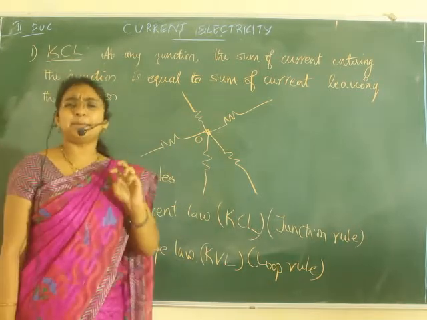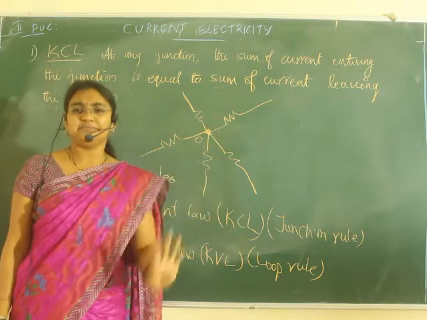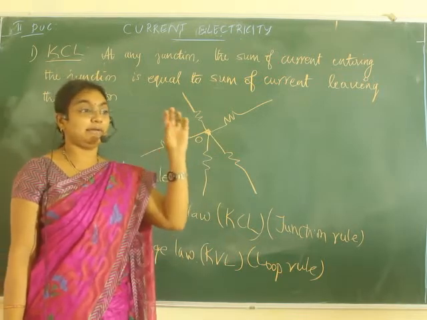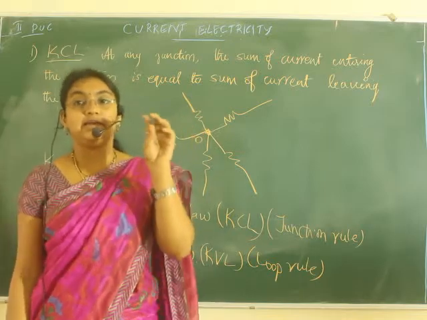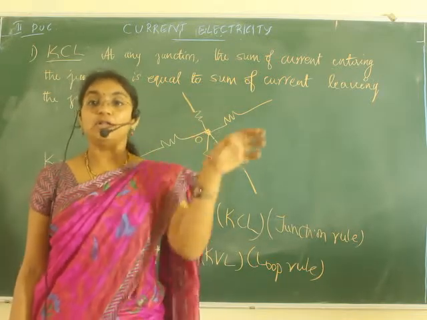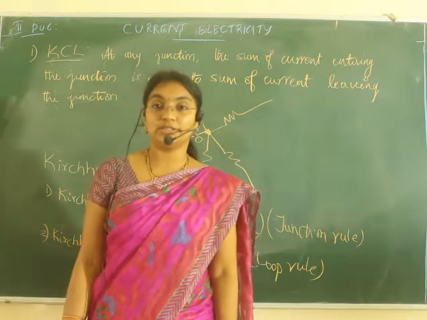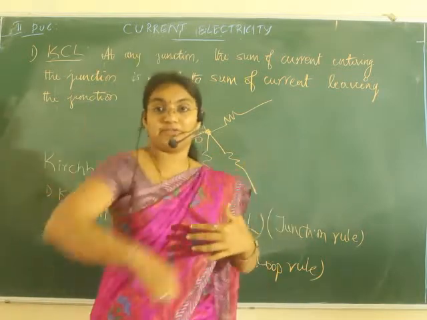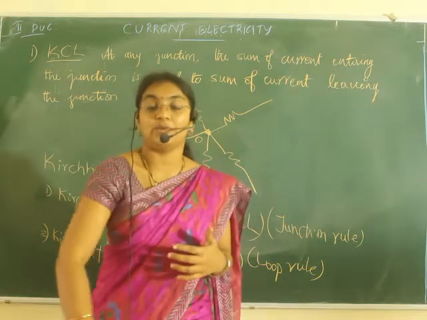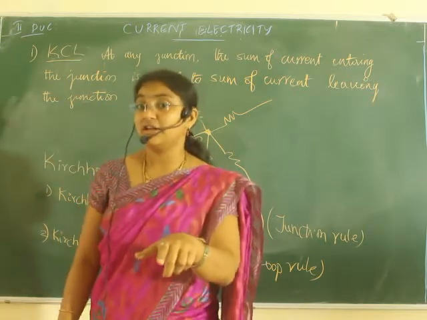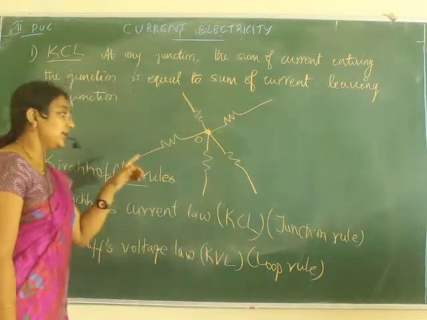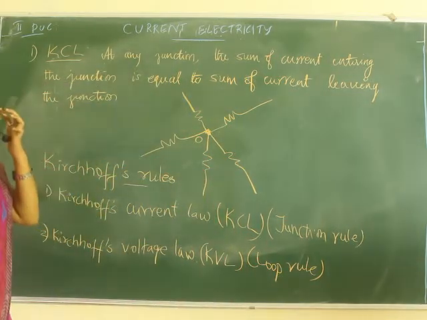Junction means it is a place where all the points meet. Or else, can I call a point where all the roads meet a junction? One road from this side, another road from this side, and all meet at one point. We call it a junction. Okay, so here we call it a junction.